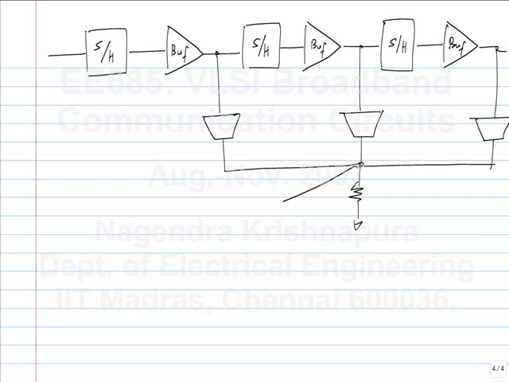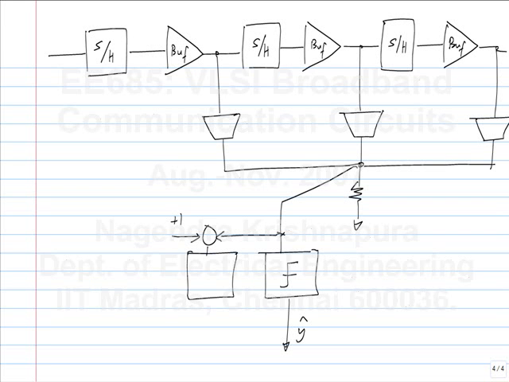Now I take this and pass it through a slicer to get y hat, and I also know how to get the error. I said that you can't really subtract the input from the output. Typically what you do is subtract +1 and slice that using a flip-flop to get the sign of y minus 1, and similarly you can do another thing for the sign of y plus 1, and you pick the appropriate one based on y hat.